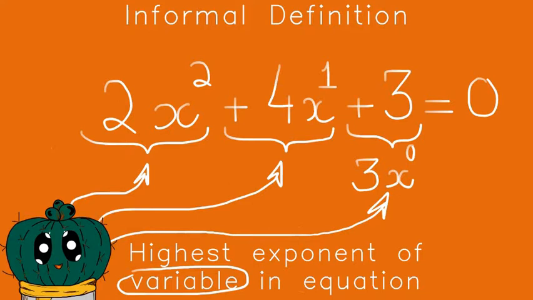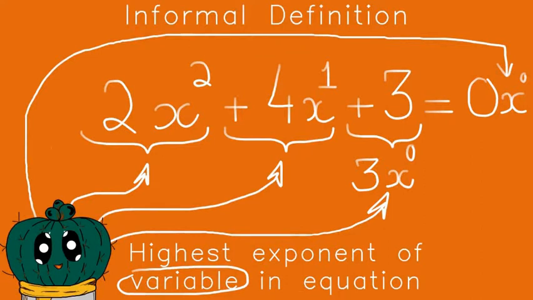The variable raised to the power 0 becomes 1, because any number raised to the power 0 is equal to 1, so it is just equal to 3. So in this case, the variable has the exponent 0, and on the right hand side we can also say that it has the variable raised to the power 0, because at the end of the day it doesn't matter what you multiply with 0, it just equals 0.